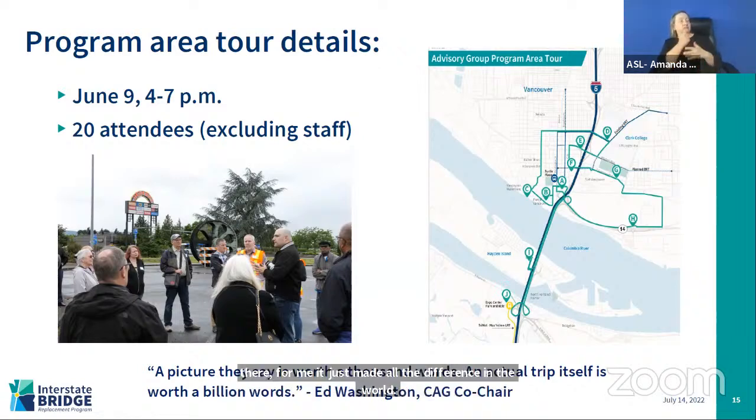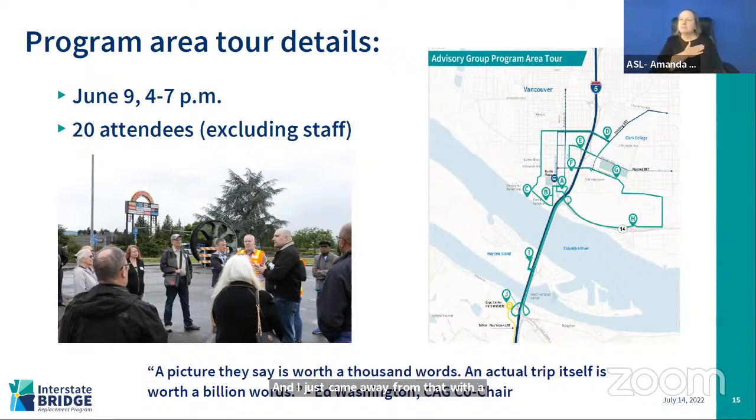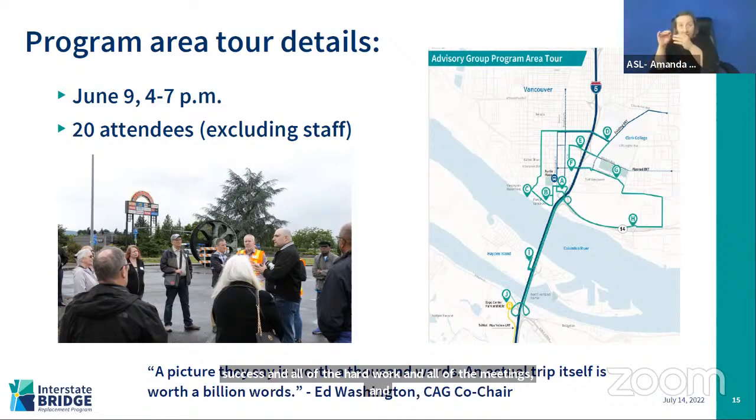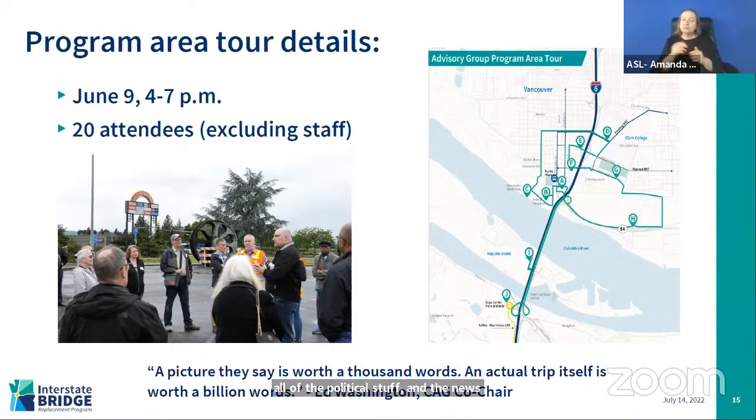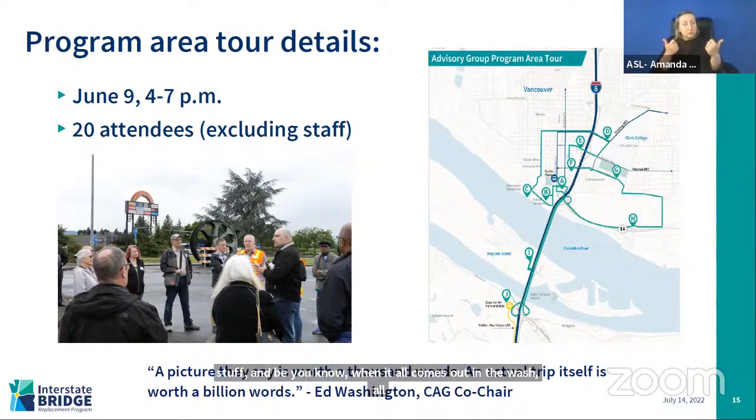I came away from that with a totally different feeling about everything that you all are putting into trying to make this a success, all of the hard work and all of the meetings and the political stuff. When it all comes out in the wash, all people are trying to do is build a bridge to move that traffic.